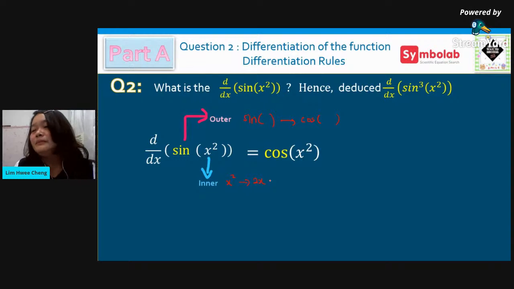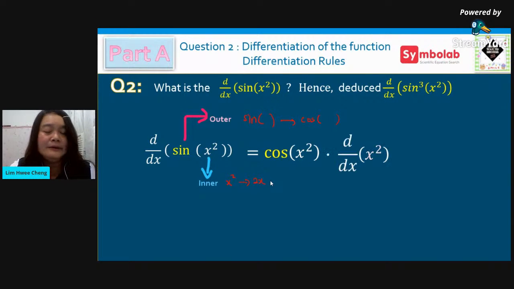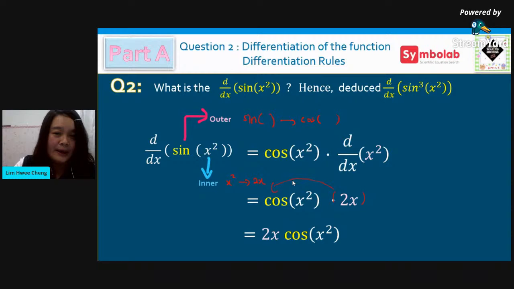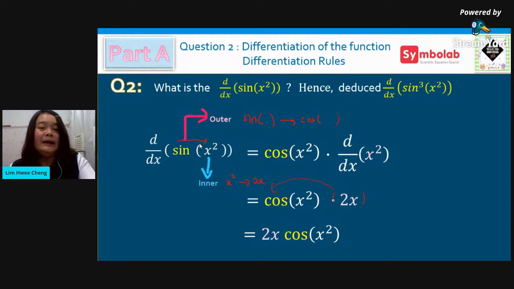So you follow by the differential of x square, which is 2x. That's why you rearrange and bring your 2x to the front, so you have the expression 2x cos x square. Okay, clear? You must do the outer first, and then the inner function, multiplying with the out-in technique.